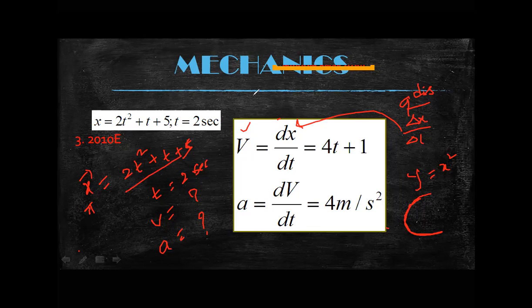How do you do d by dt? Suppose I keep any constant, 1, 2, etc., that's equal to 0. Why is it 0? Suppose I keep d by dt and I am putting the value 1 here. If I keep 1, it is going to be 0. Why 0, sir?